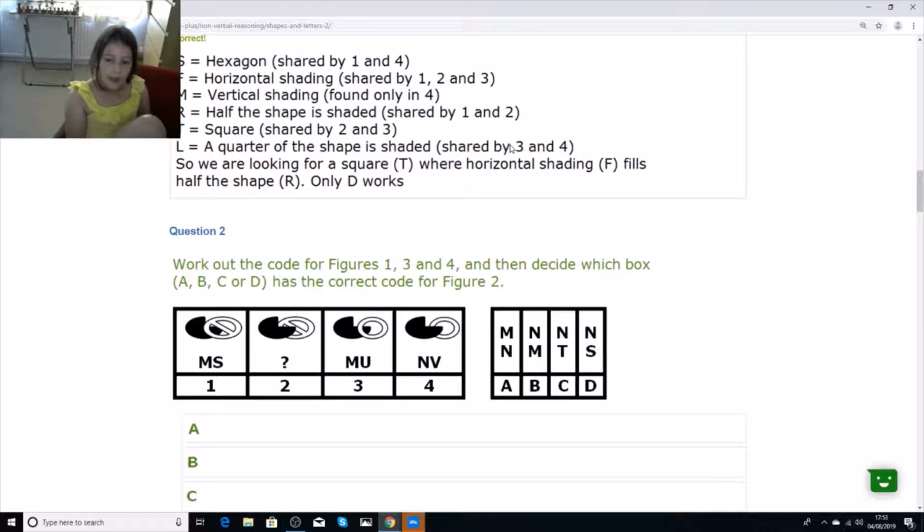So N must mean the Pac-Man is in front of the sign or circle. So the last letter is not shared with any of them because they are all different.